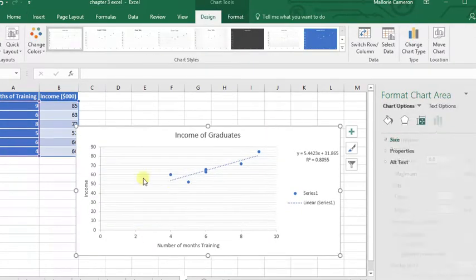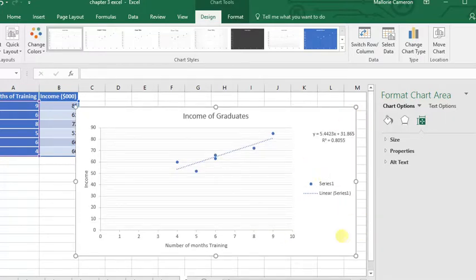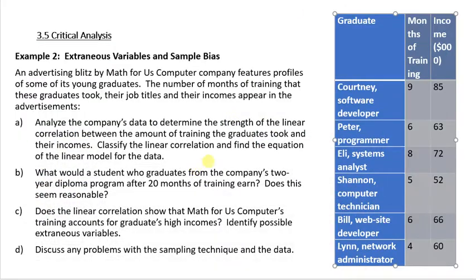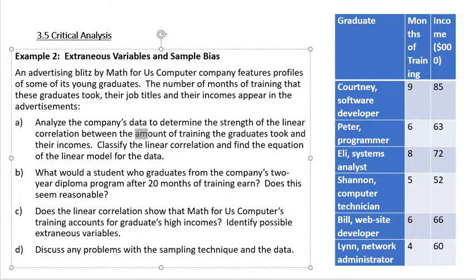So if we blow this up, is it linear? Yeah, this could be linear, right? It goes up. As the number of months training increases, so does the income. So that's an okay. And then let's classify it.